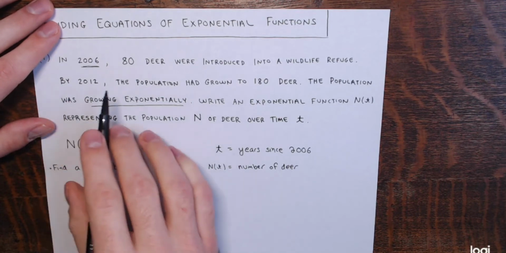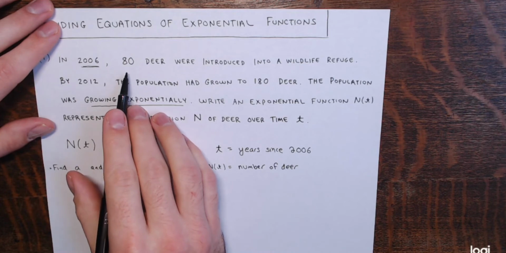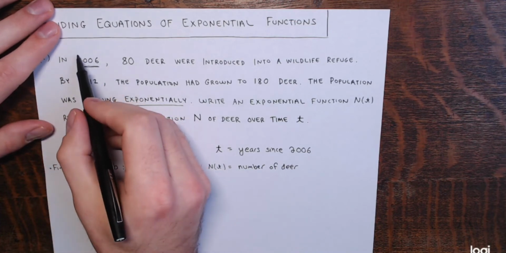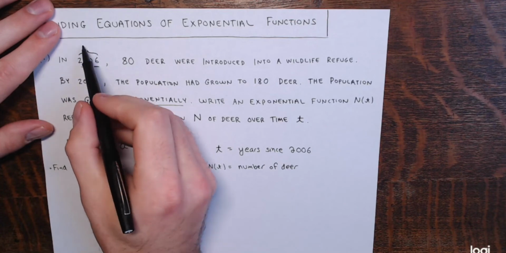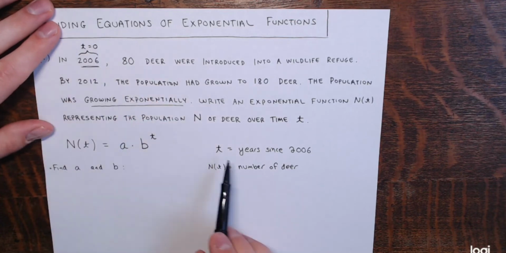Reading back through it, we are given 2 pieces of information about inputs and outputs here. The first sentence, in 2006, so 2006 would be when t equals 0. The initial time is time 0.